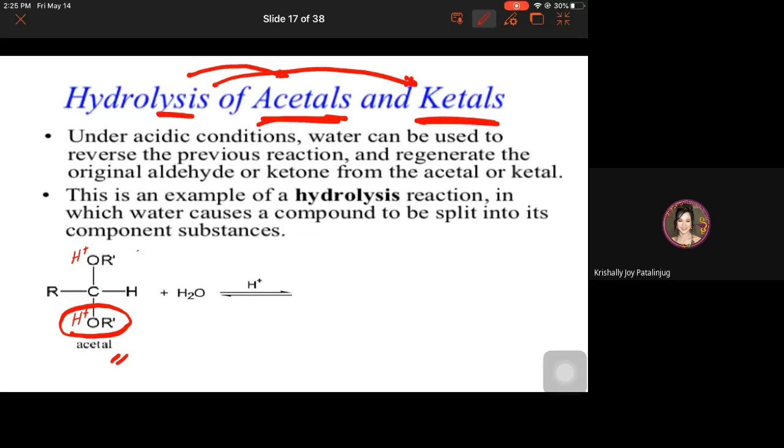Very good. That is alcohol. Once the OR group of the acetal is protonated, that will be removed from the system in the form of alcohol. How many alcohols? Two. That's why excess alcohol is produced as byproduct. That's why 2ROH.